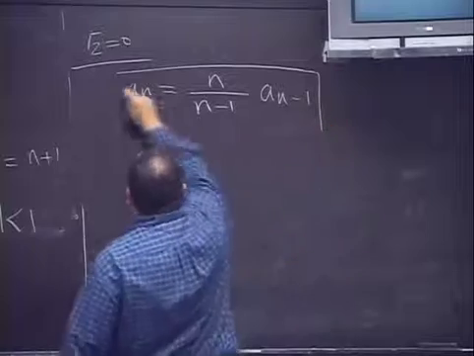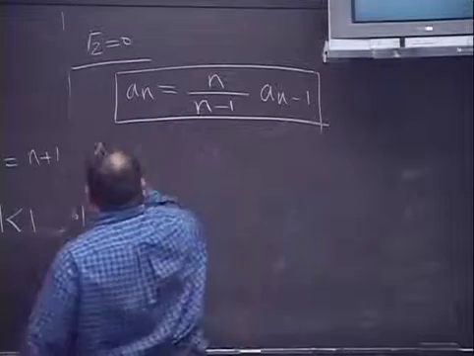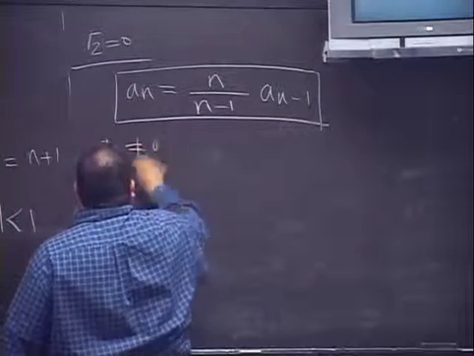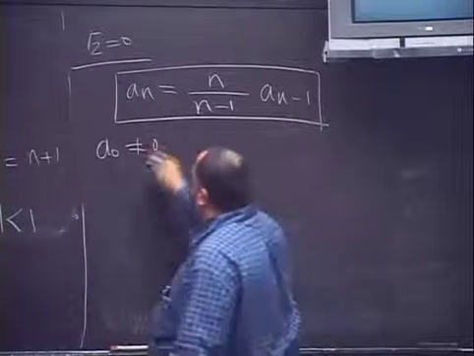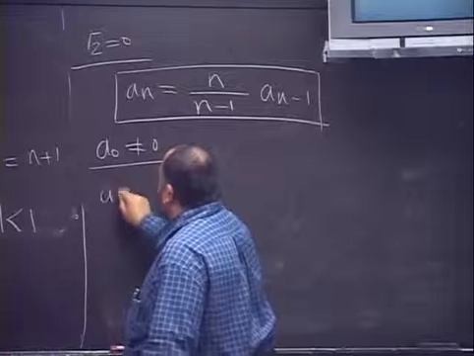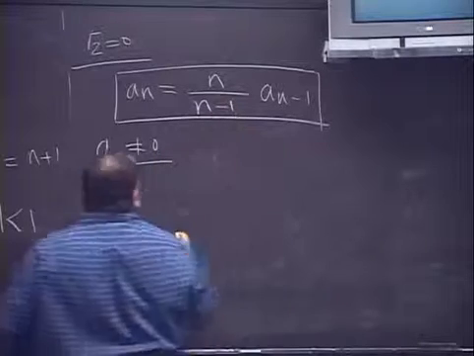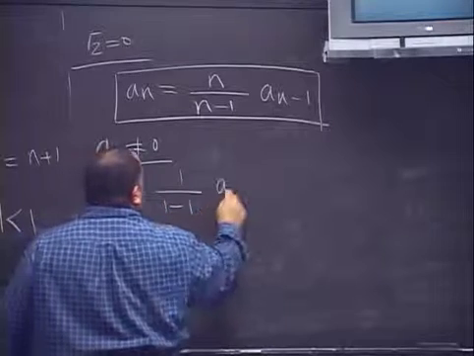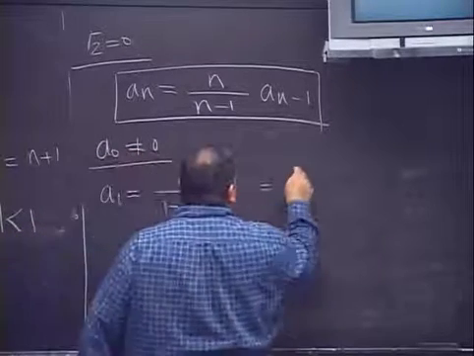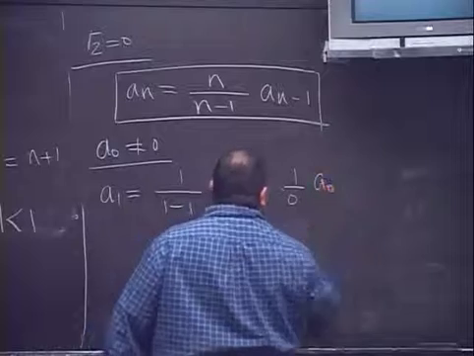Now we require that our a0 does not equal 0. Yes, guys? So now, what's a1 from here? a1 will be 1 divided by 1 minus 1 multiplied by a0, and this is equal to 1 over 0 multiplied by a0.